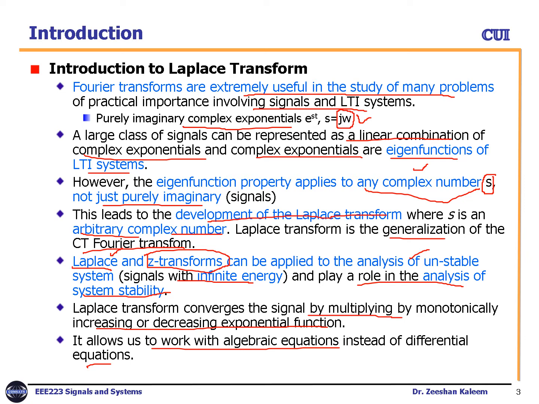So these are some benefits of using the Laplace transform. The difference summary is that in Fourier, s is purely imaginary, whereas in Laplace, s has both real and imaginary parts, a complete complex number.